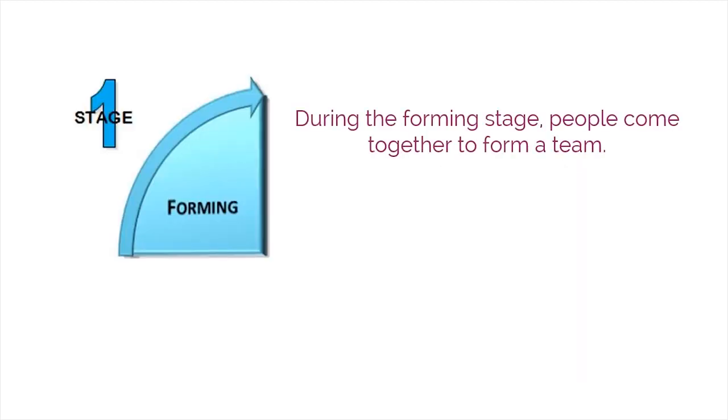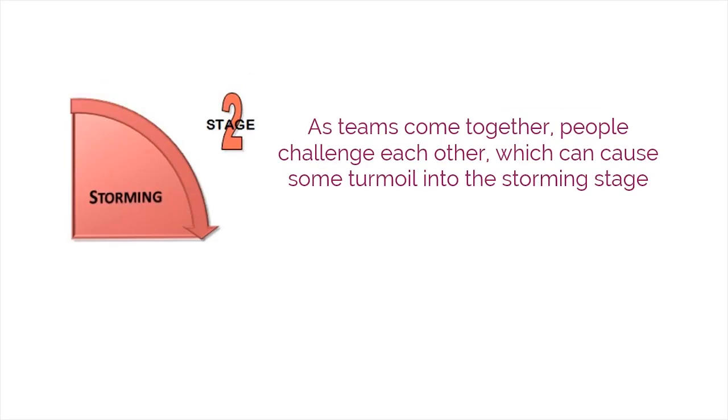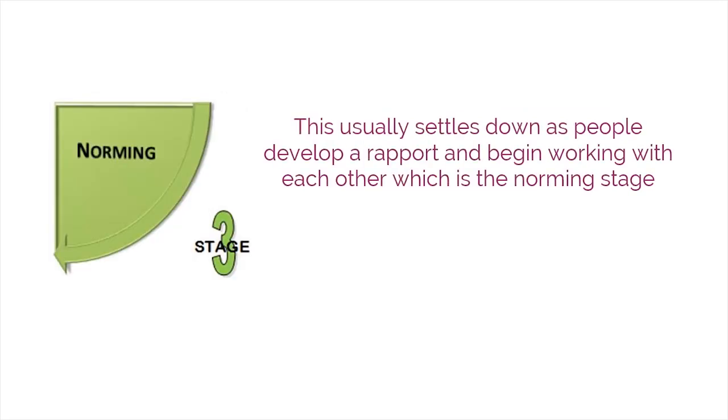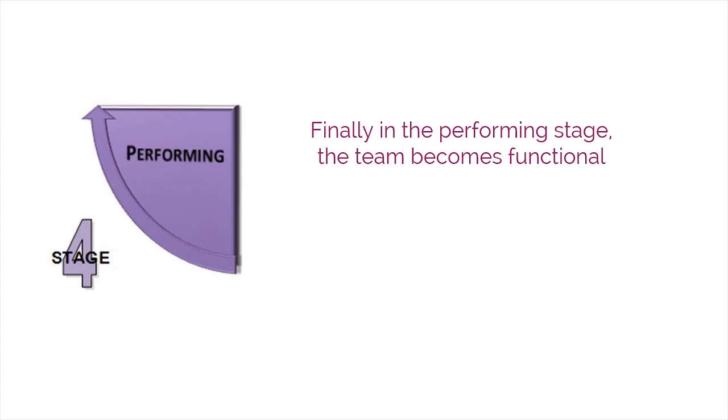During the forming stage, people come together to form a team. As teams come together, people challenge each other, which can cause some turmoil into the storming stage. This usually settles down as people develop a rapport and begin working with each other, which is the norming stage. Finally, in the performing stage, the team becomes functional.